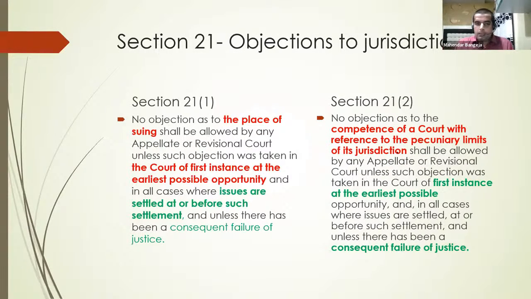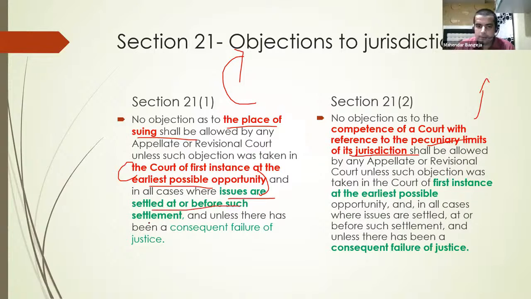Objections. Now see, you can raise objections on two things basically. One is the territorial jurisdiction, which is the place of suing, and the other is the pecuniary limit, which is the pecuniary jurisdiction. Clear? Now in both the cases, you will have to raise the objection in the court of first instance, which is the trial court, and at the earliest possible opportunity. And in all cases, before the issues are settled.